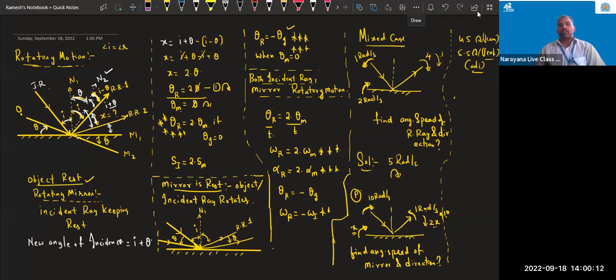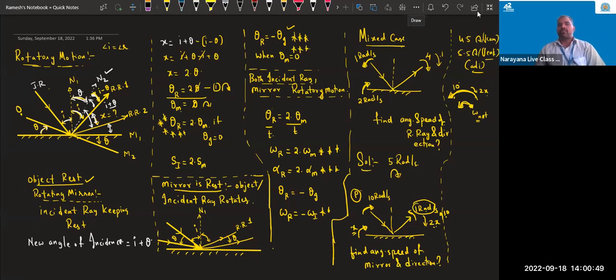This is the resultant velocity, anti-clockwise. 10 is bigger, and 2x is little. The net velocity goes in the direction of the bigger one. So I can write the net angular velocity as 10 minus 2x.